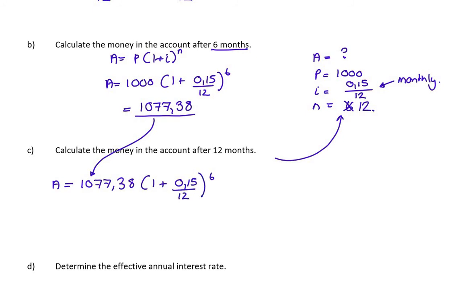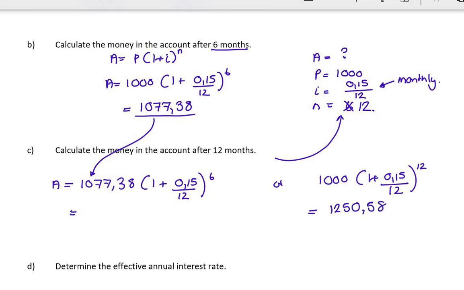So either you can take that amount from 6 months and add on 6 months more interest, or you could take 1,000 Rand from the start and add on 15% compounded monthly, but for 12 months. So let's see what we get. If I do the 1,000 Rand, I get 1,250 Rand and 58 cents. Okay, now let me just correct that, because I clearly pushed something incorrectly.